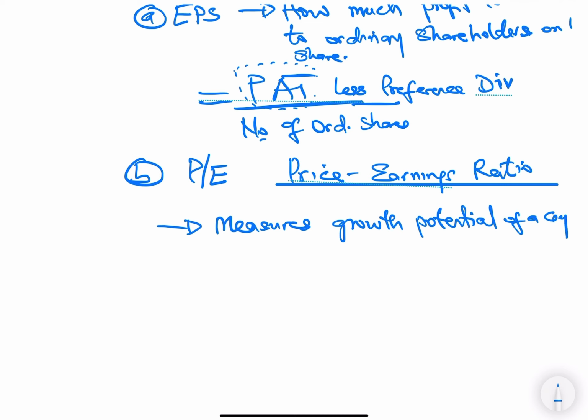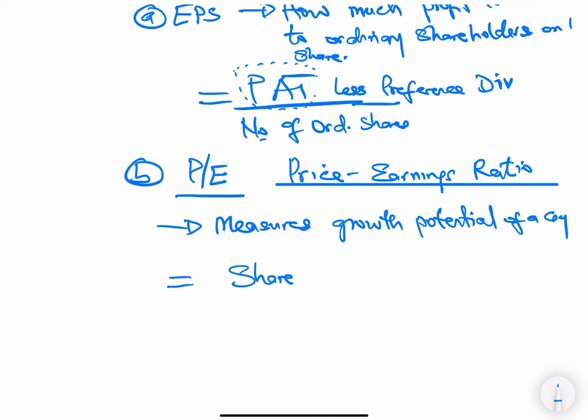If I want to buy shares of any company now, P/E ratio is one of the things I'm going to check as a potential shareholder. If the P/E ratio is too low, that means the potential of that company to grow in the future is too low, and I will not buy it. So I'm interested in companies with high P/E ratios, because that is an indication that this company has high growth potential. And the formula is very easy.